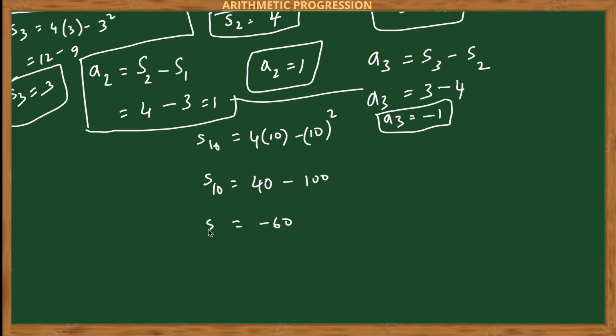So we got S10. To find the 10th term, that is a10, the formula we have is the sum of the 10th minus the sum of n minus 1. So 10 minus 1, 9.